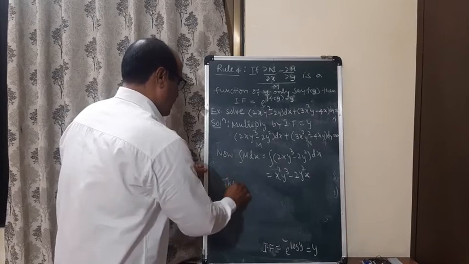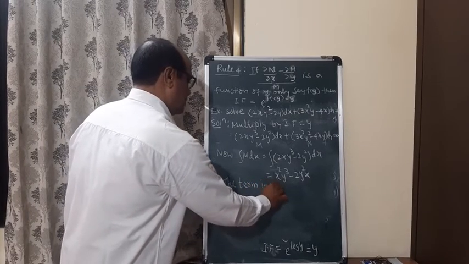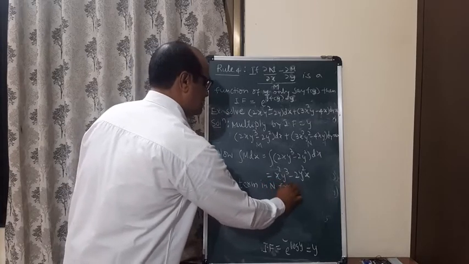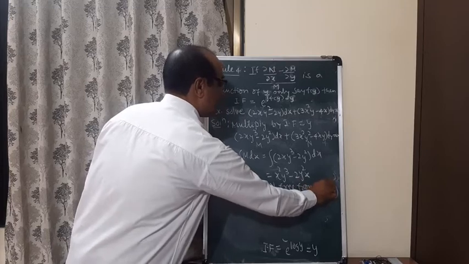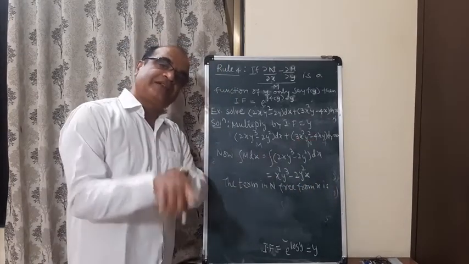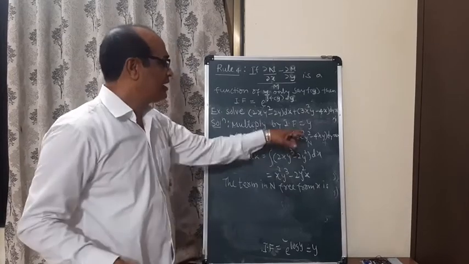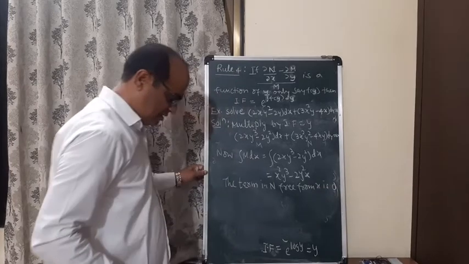Then what is the next part? The term in N free from x. What is N here? N is this, and here there is no term without x, so it is 0.